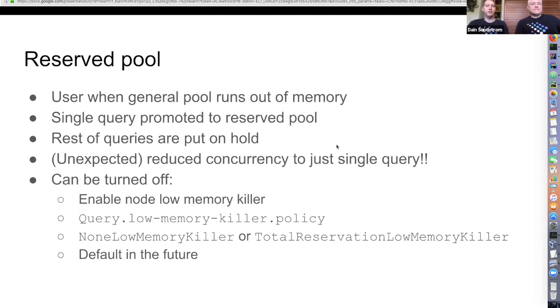Because what you end up with is not that a query is out of memory across the cluster, but that a few machines are out of memory because you have skew, so data from a bunch of queries lands on a few machines. The correct policy that we found in production is the one that frees up memory on the machines that are blocked. We'll post which one it is in the chat once we look it up.